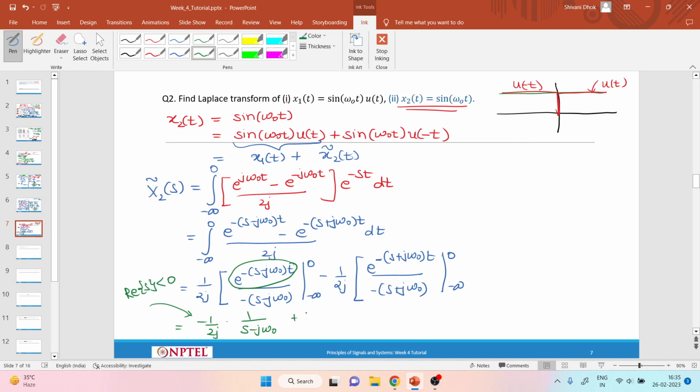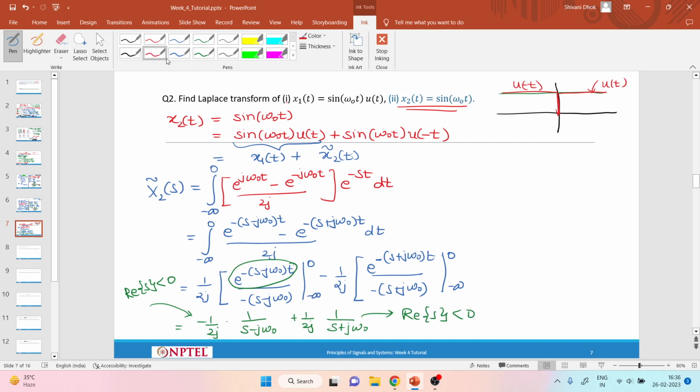Similarly, this will converge to 0 when t is tending to minus infinity only when my real part of s is less than 0. So this will be equal to 1 upon s plus j omega naught only when my real part of s is less than 0.